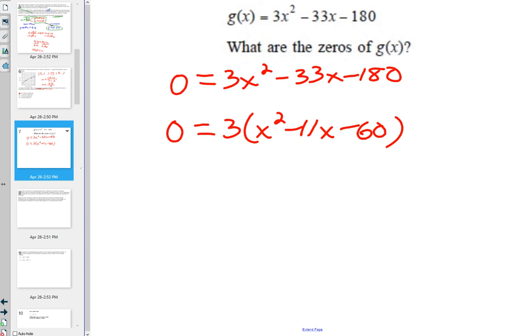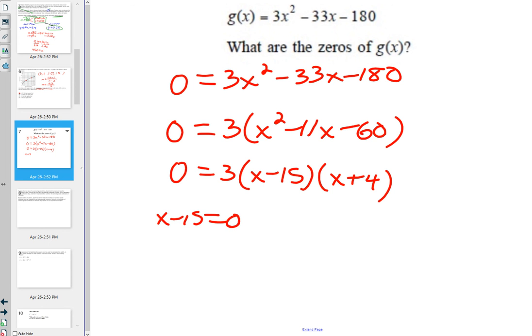The other way around. Negative 15 and positive 4. They have to add up to the negative, so the bigger one has to be negative. If you use the quadratic formula, you end up with the same answer, but I just saved myself some time.